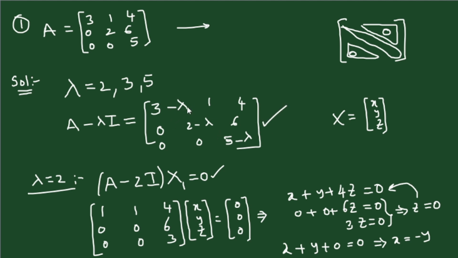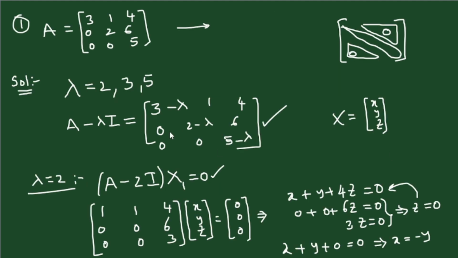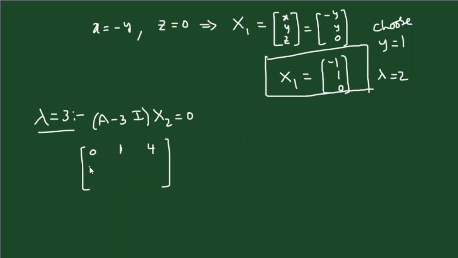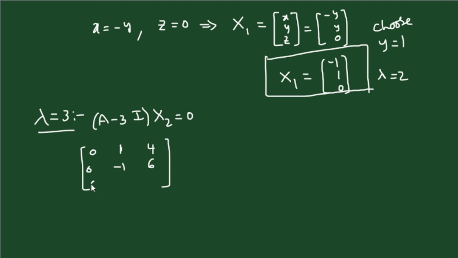So you put lambda equal to 3 here. 3 minus 3, 0, 1, 4. Coming to the second row, we are taking lambda equal to 3, so 0, minus 1, 6. Coming to the third row, 0, 0, 5 minus 3 is 2. 0, 0, 2.